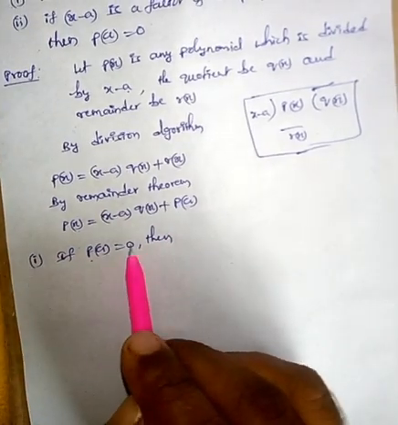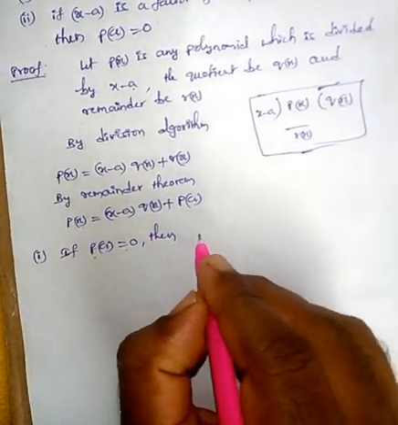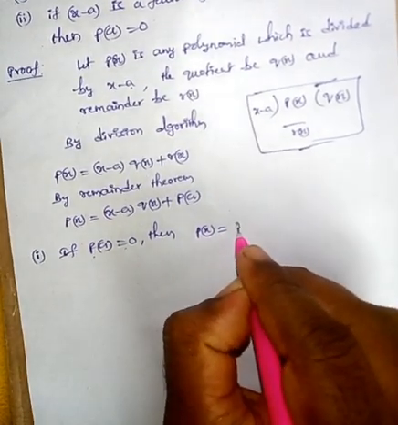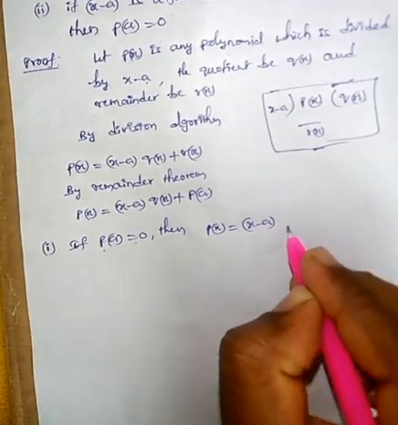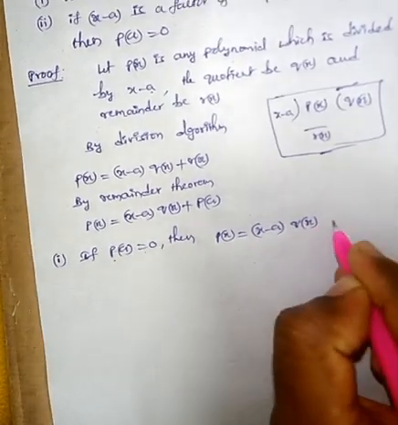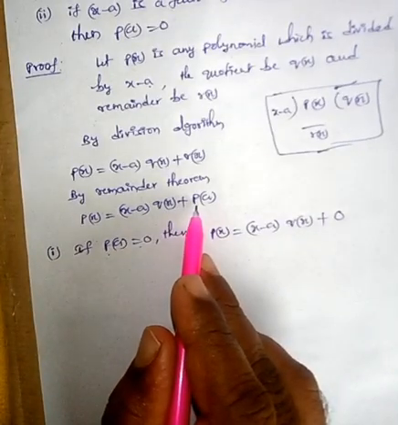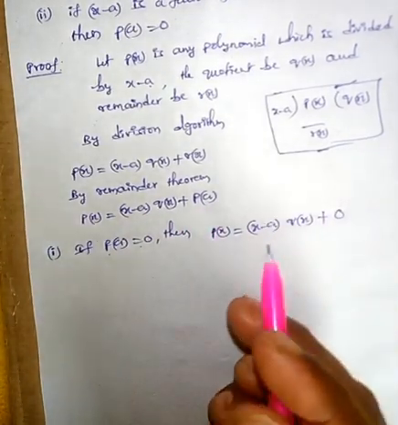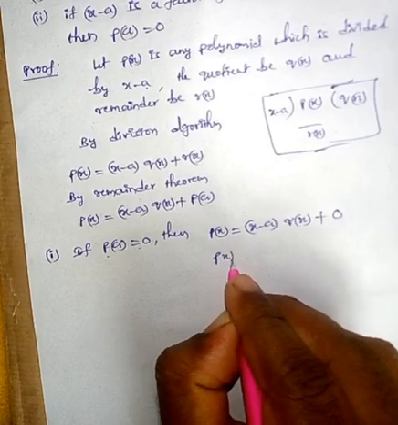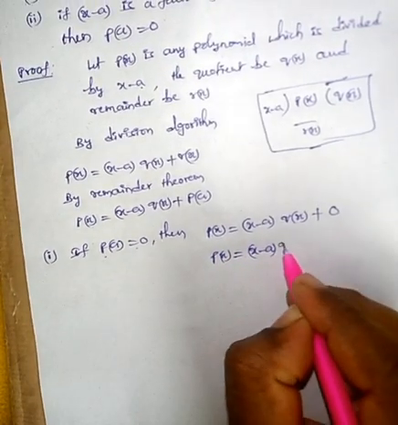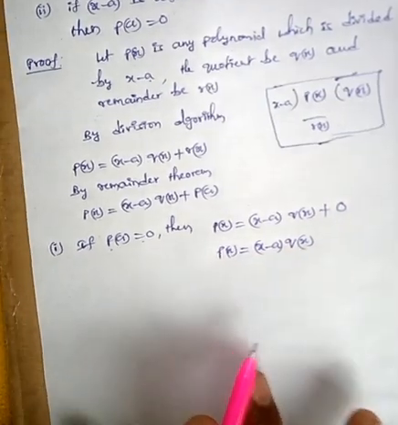Now substitute this value in the above equation, then p(x) equals (x minus a) into q(x) plus 0, because here p(a) equals 0. So therefore you get p(x) equals (x minus a) into q(x).